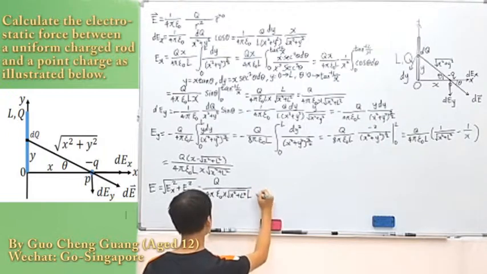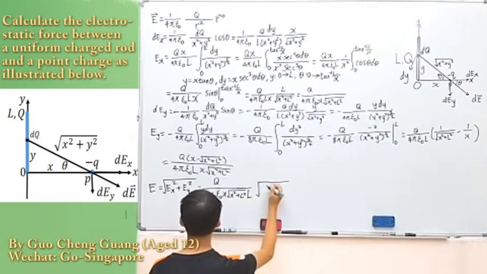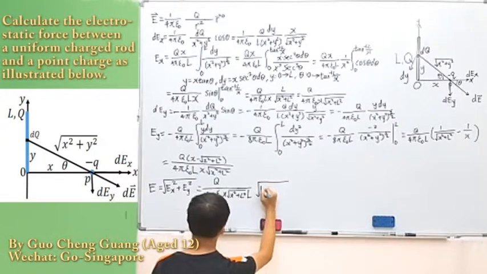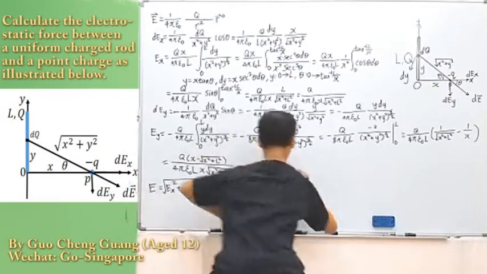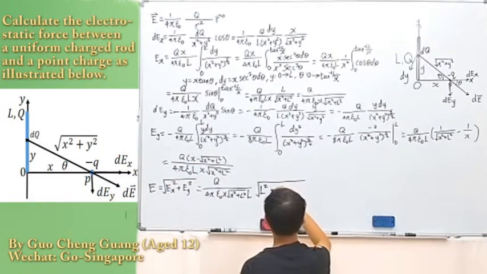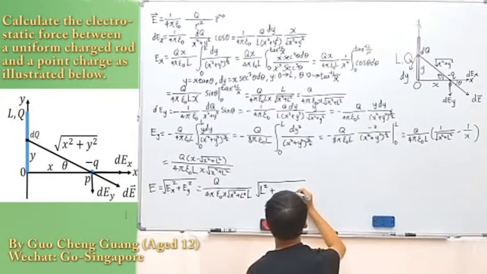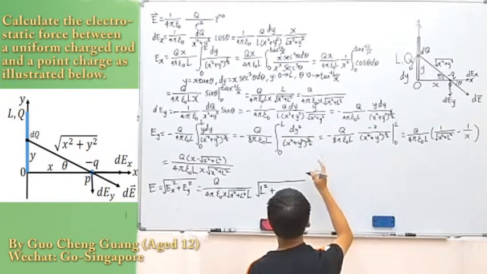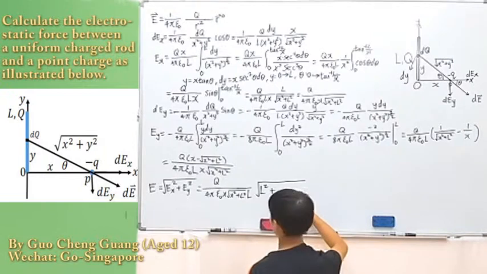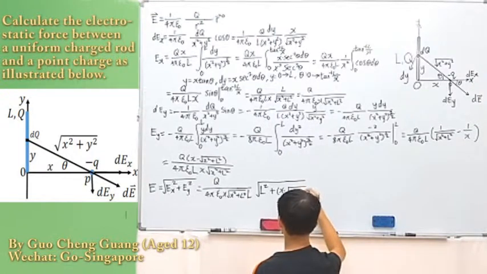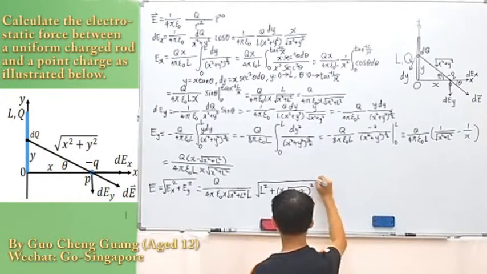You could also choose to take that out here, just that this part you change into L squared. So L squared, then you plus x subtract the square root of x squared plus L squared, then square.